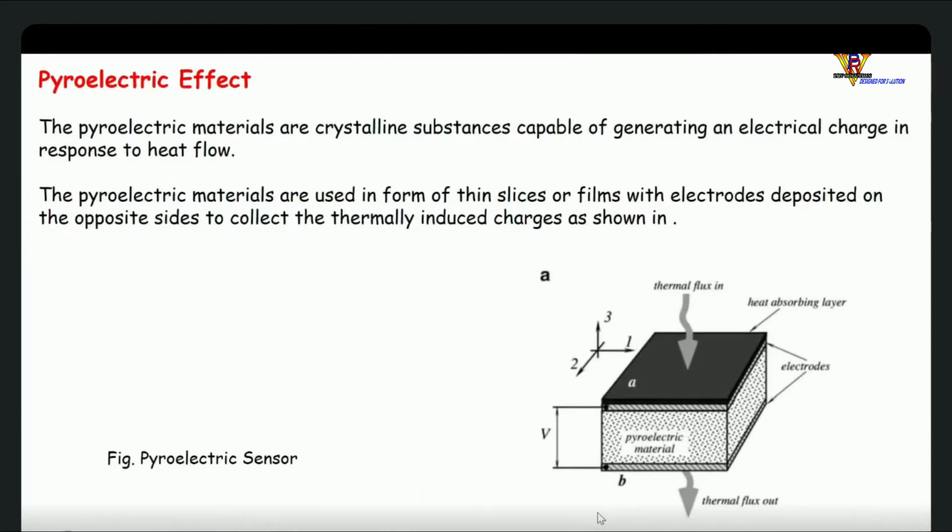So in this mechanism, across the two sides of the material, some electric potential is induced. So the rate of change of flow of this thermal flux will be proportional to the induced voltage.